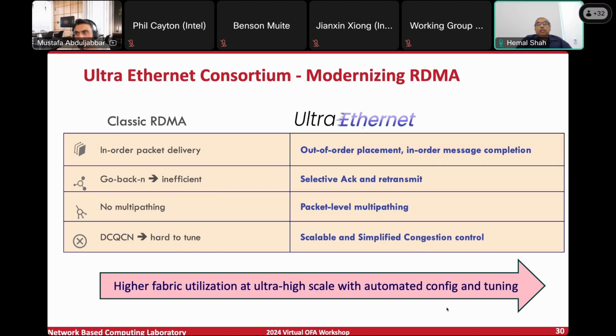That's the plug for Ultra Ethernet, and all the library-level optimization we talked about will be valid for this Ultra Ethernet-based transport. Further tuning will be needed at the MPI level to scale to really large clusters. In summary, Ultra Ethernet is going towards high fabric utilization at high scale, and the MPI effort will also take advantage of that.